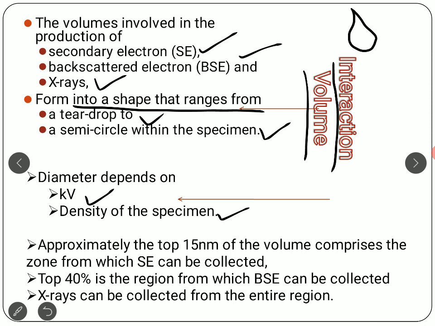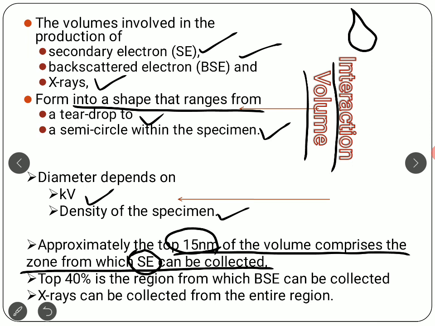Approximately the top 15 nanometers of the volume comprises the zone from which the secondary electrons can be collected. If you want to collect the secondary electrons, this gives the surface morphology. This is collected from the top 15 nanometers of your sample. So if you put a sample onto the instrument, the top 15 nanometers will comprise only the secondary electrons and also some backscattered electrons.